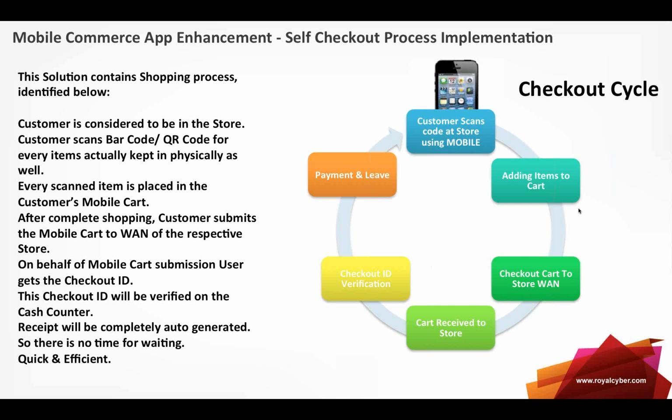So you don't have to go through the whole process of the register person scanning each item and prolonging the time of your shopping. So this is a very quick way of doing a scan and go self-checkout process.